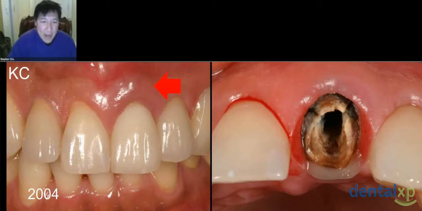This piece of fractured tooth, as seen in this area over here, had not gone beyond the buccal plate. So the buccal plate was completely intact. This fracture was completely in the dentogingival complex. But it's not an uncommon scenario where you have a fractured tooth and decision-making processes. Well, do I have enough ferrule effect?